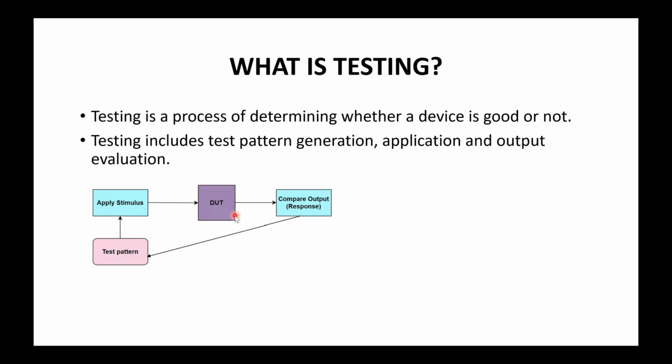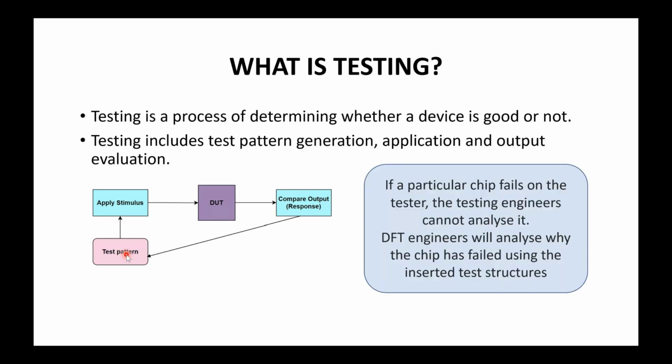So the output from the chip is compared with the expected output. If a particular chip fails after manufacturing, the tester engineer cannot analyze it. Only DFT engineers can analyze what manufacturing defect has caused the chip to fail.